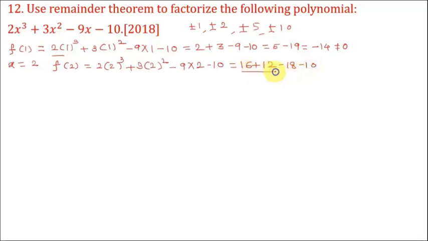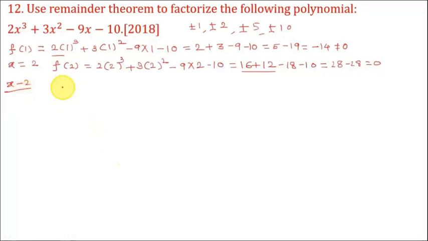Addition of this is 28 minus 28, and that equals 0. Hence we say that x minus 2 is the first factor.